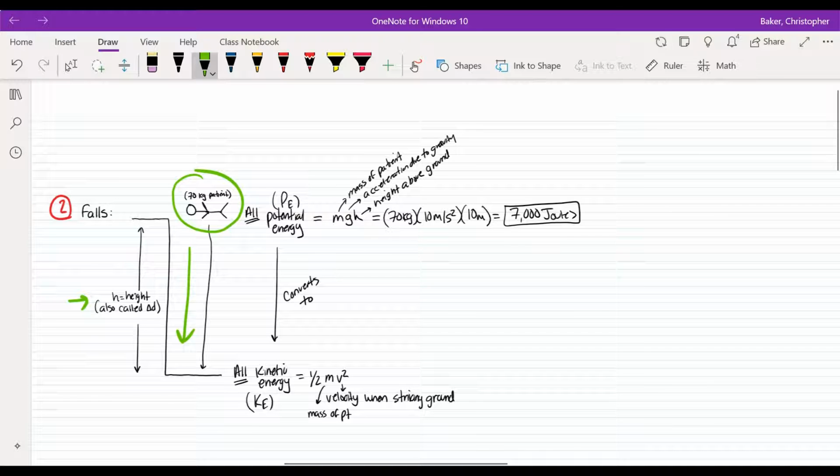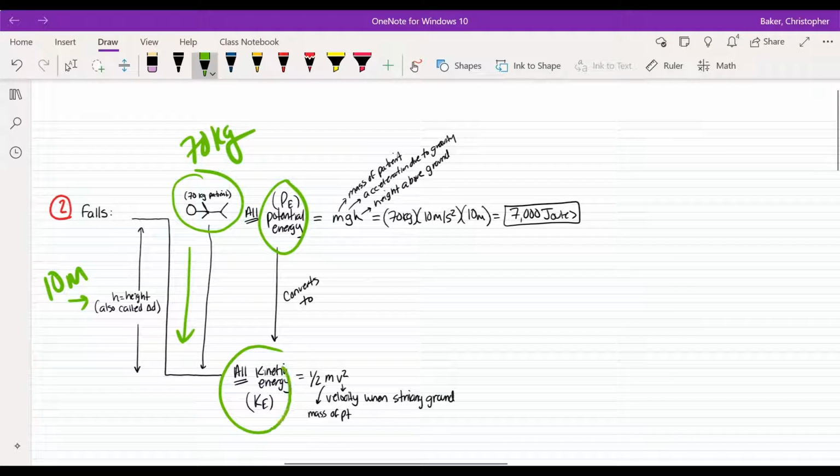Okay, so in this example, we're going to have him fall 10 meters, and his mass is 70 kilograms. All right, so we can actually calculate his potential energy up here. So potential energy is the stored energy, whereas kinetic energy is energy of motion.